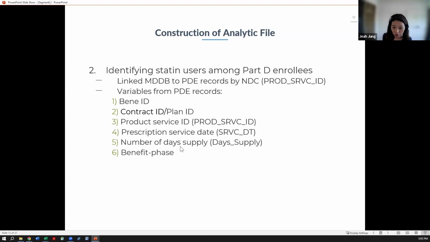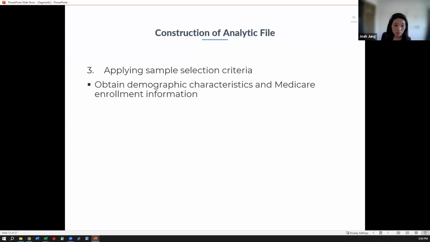Do you remember these three variables that we need to create medication utilization measures: product service ID, date, and days supply. And also I kept the benefit phase because I want to control for those who hit the donut hole in 2007. I thought that that variable would have a negative effect on medication adherence.